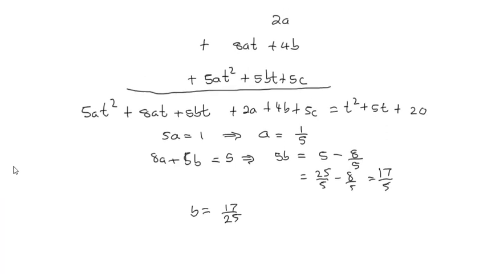Now we are supposed to get c, and c is in the independent term, which is the sum of 2a plus 4b plus 5c.